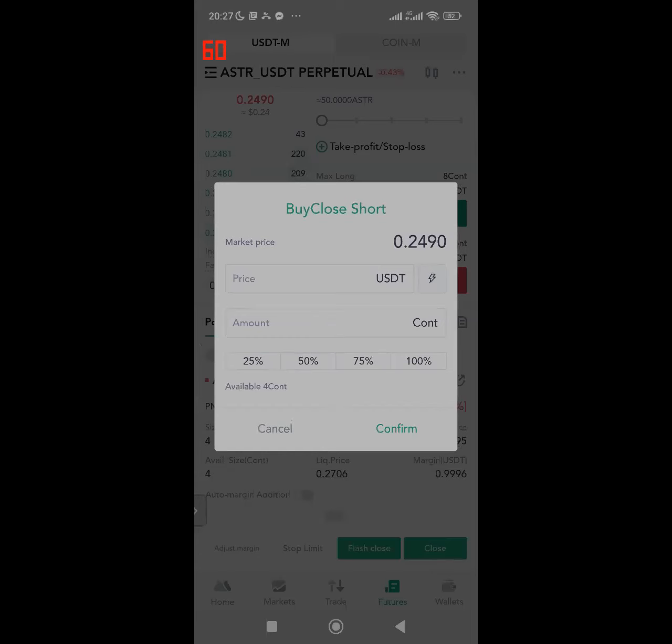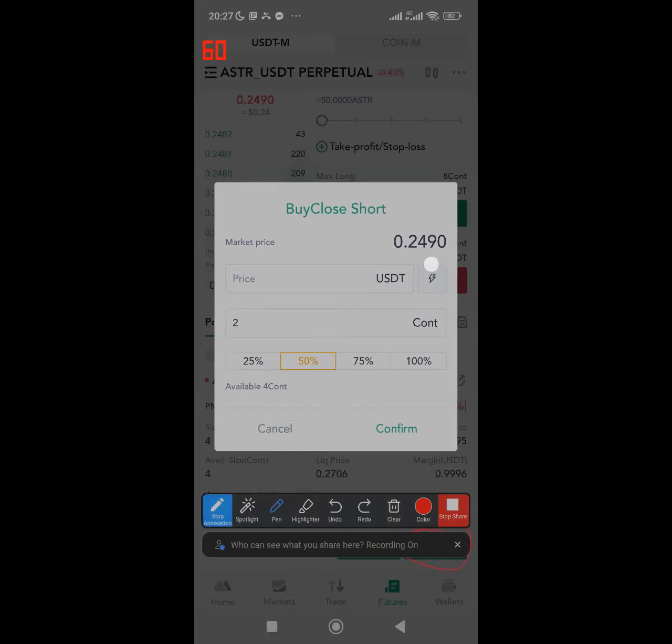Let's say I want to close 50% of my position, which is a way of taking partial profit. I'll just click 50% and click this flash icon if I want it to execute immediately, or I can leave it.